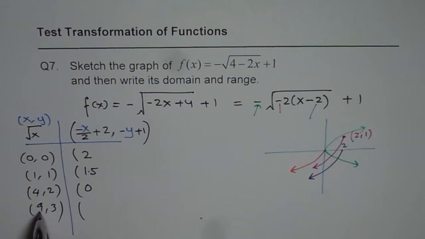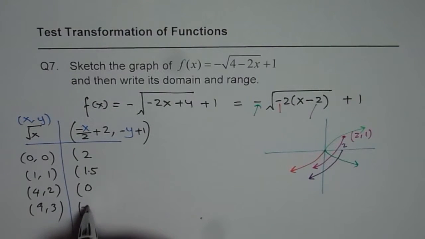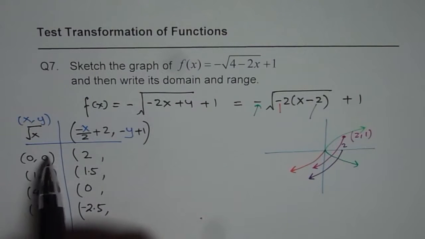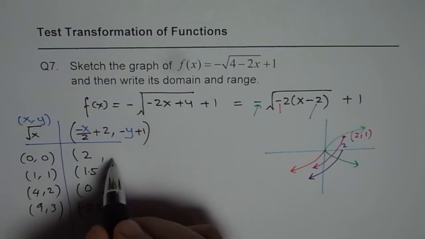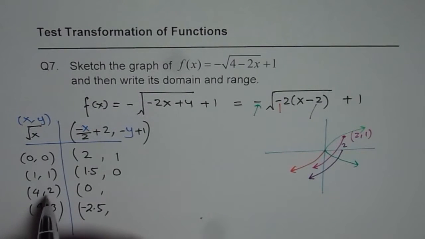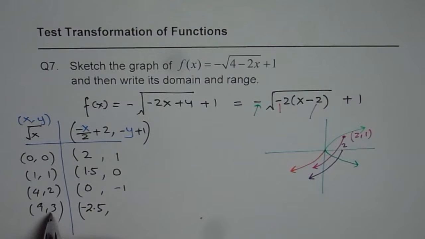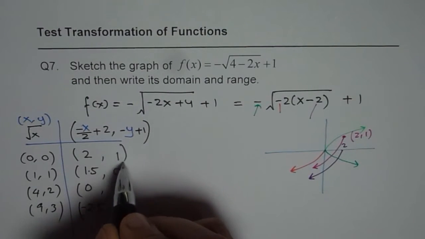Negative half of 9 is negative 4.5, plus 2 is negative 2.5. So these are the x values for you. As far as the y values are concerned, we make the negative of this and then add 1. So 0 plus 1 is 1. Minus 1 plus 1 is 0. Minus 2 plus 1 is minus 1. Minus 3 plus 1 is minus 2.